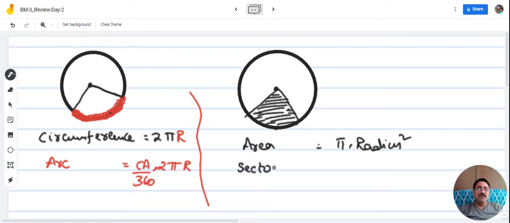A part of the area of a circle is called a sector. We take almost the same formula, pi times radius squared, but it is a part, so I have to take a fraction: central angle over 360 times pi times radius squared.